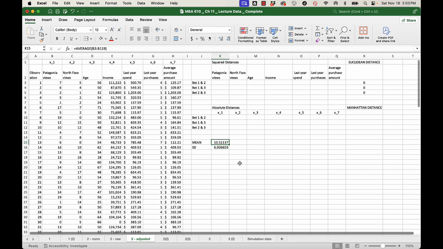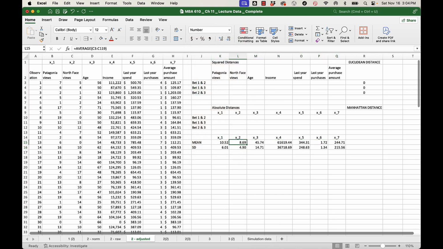So on average, this sample of customers looked at 10 products by Patagonia with a standard deviation of 6. I can copy these if this makes it a little bit easier. And so I can do this for all of our variables. And then let's just format these as numbers.